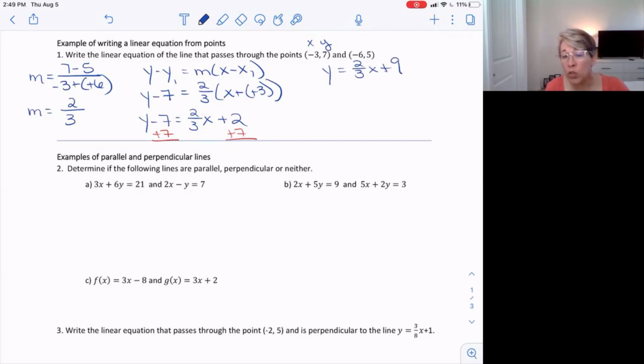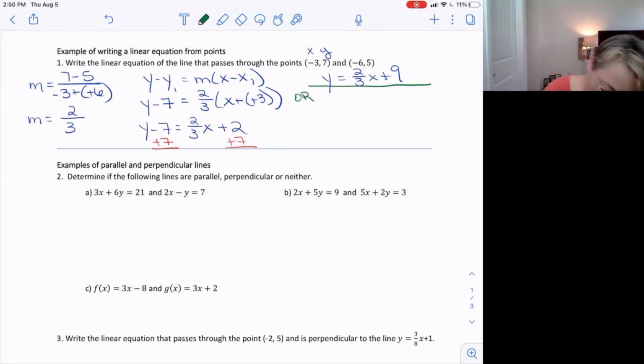Now you can also do this using the slope-intercept form, just be careful not to plug in the 7 or the 5 for your b. Neither one of those is your y-intercept. So let's try that. We have y equals mx plus b, so y equals a slope of 2/3 x plus b.